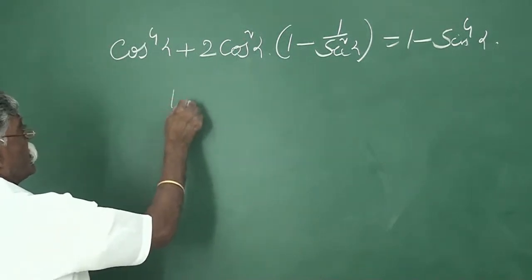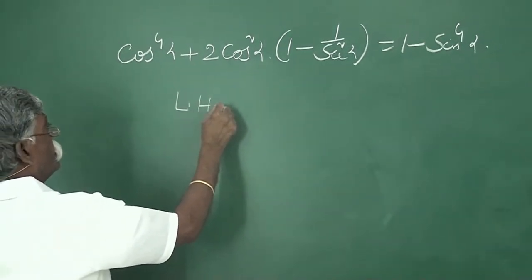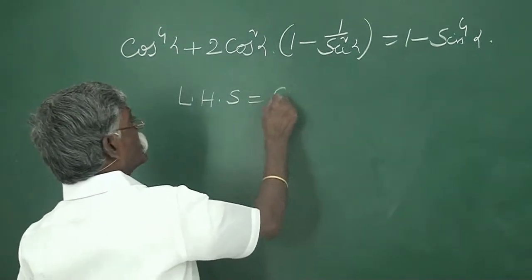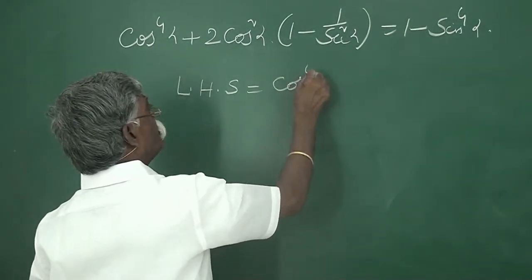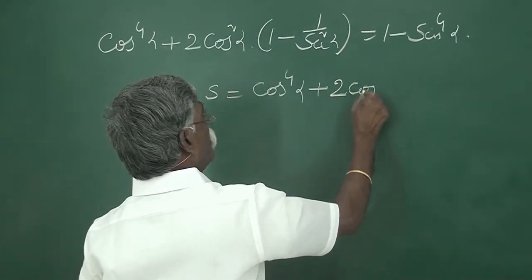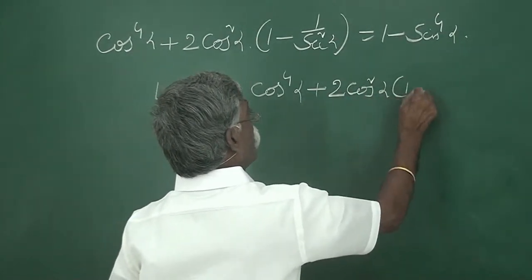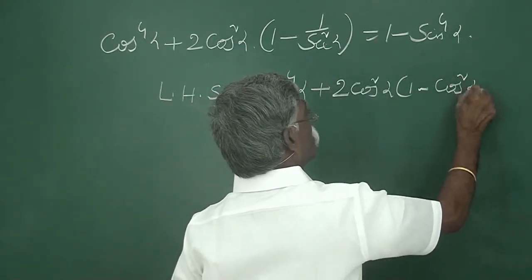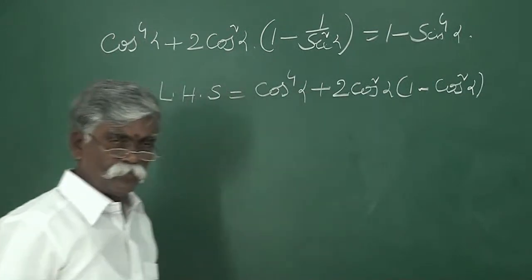Now LHS is cos power 4 alpha plus 2 cos square alpha into 1 minus 1 by secant square, which can be written as cos square alpha.